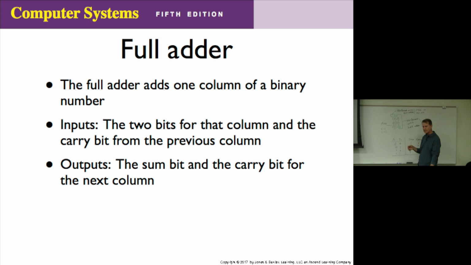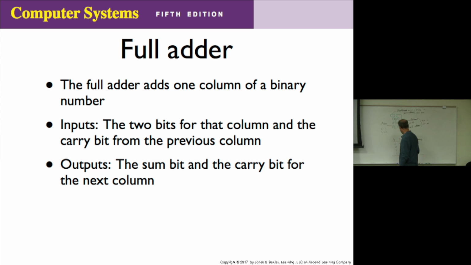That's the common way to denote it. Is everybody with me? So let's talk about the full adder. The full adder adds one column of a binary number. The inputs are the 2 bits for that column and the carry bit from the previous column, and the outputs are the sum bit and the carry bit for the next column.